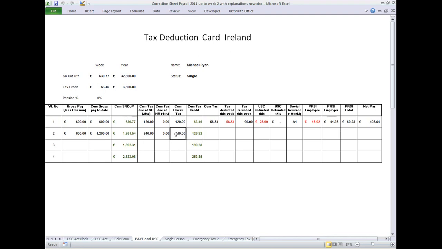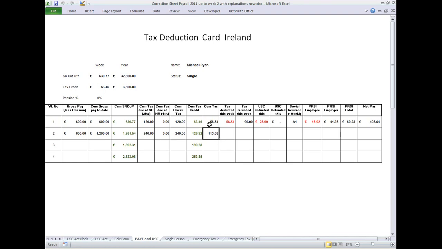Now he's liable for €240 tax, but his cumulative tax credit year to date is 126, so it'll be 240 less the cumulative tax credit, and if we see there, that is 113. Now, how much tax will he pay this week? Always remember that you're never going to owe the taxman.